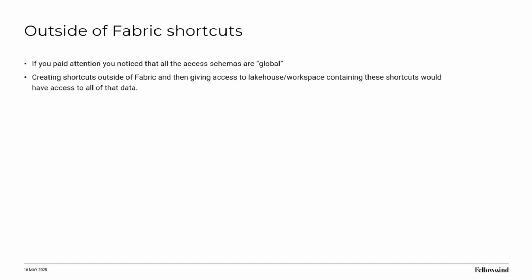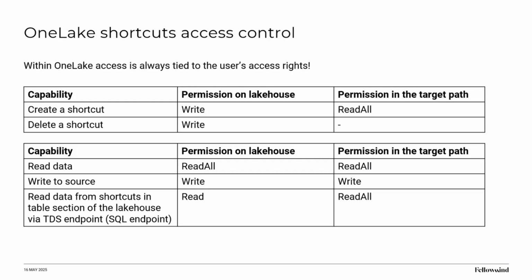And next we're going to talk a bit more about access control overall. Within OneLake, the access is always tied to your account, or the account that is running the code. Which might not always be a good thing, but that's the state of the art today. So for you to be able to create a shortcut, you need to have write permission on the lakehouse that you're creating the shortcut in.